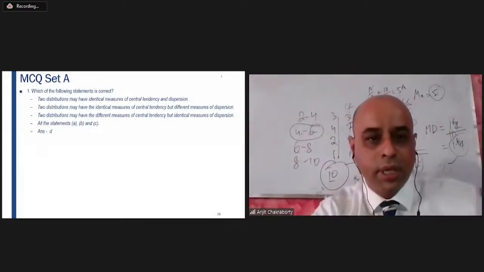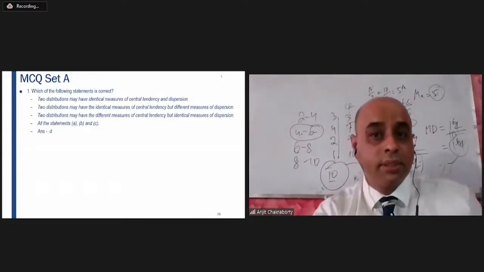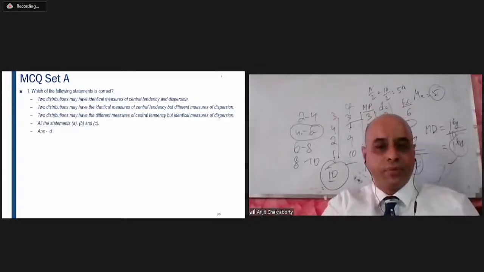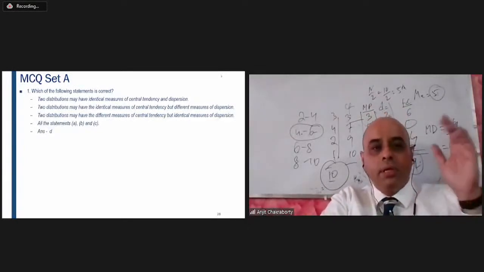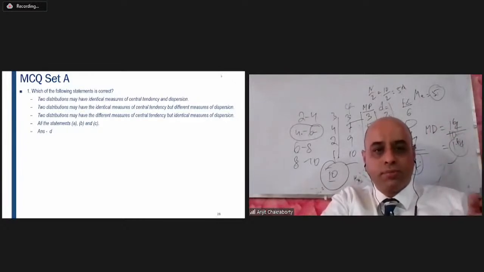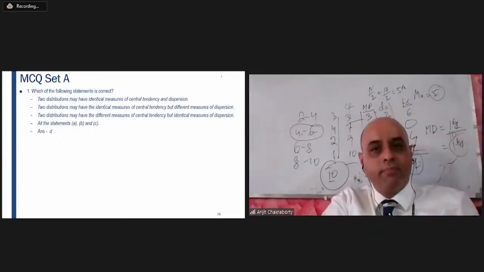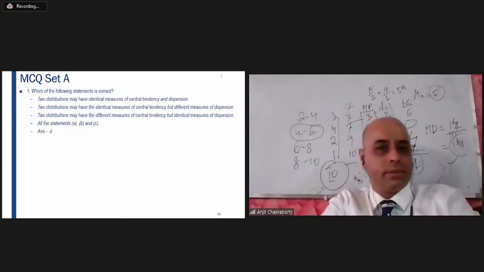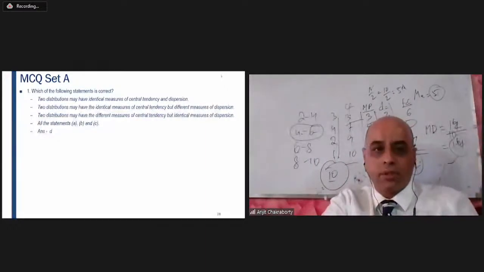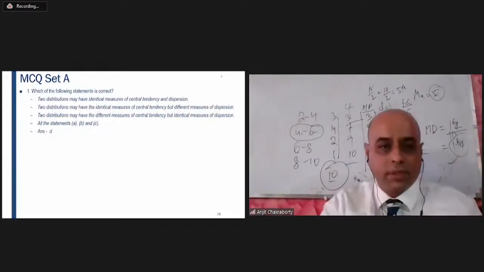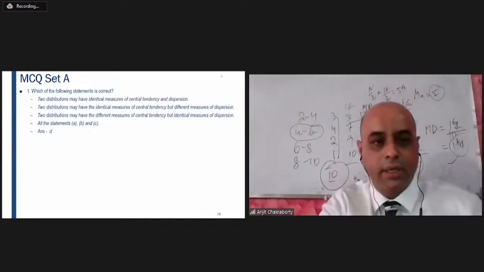Two distributions may have identical measures of central tendency but different measures of dispersion. That is also possible: same AM, but different dispersion. Third alternative: two distributions may have different measures of central tendency but identical measures of dispersion. That is also possible: different AM but the same deviation. So all the statements are correct basically. So option D is the right answer.